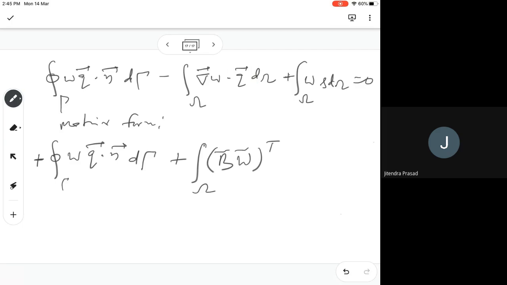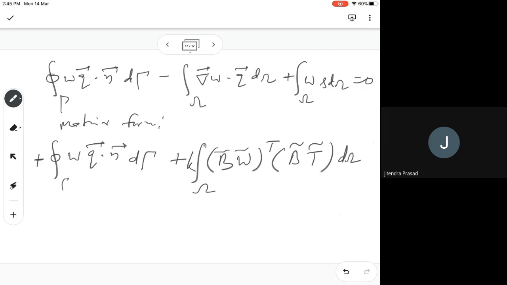K is anyway constant, so I will take K outside. And then Q is nothing but minus K times del T, the gradient of T. So minus, we have made plus because of that. So this is nothing but what we have derived already, B times T, and we have D like this.